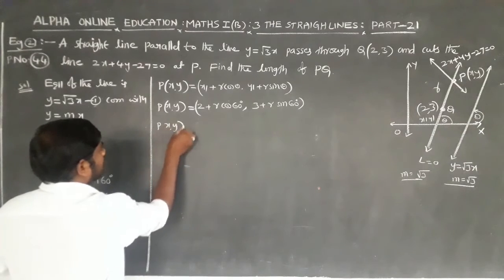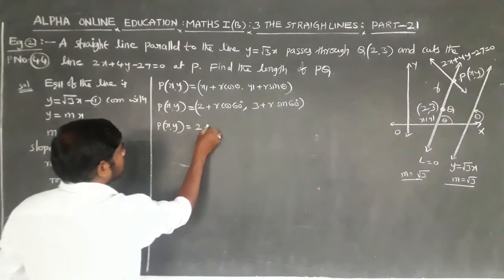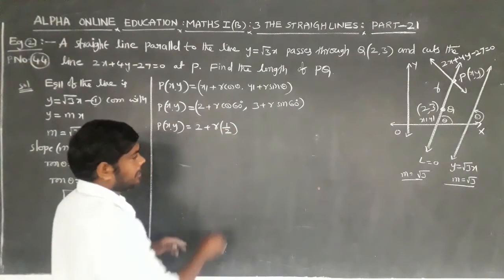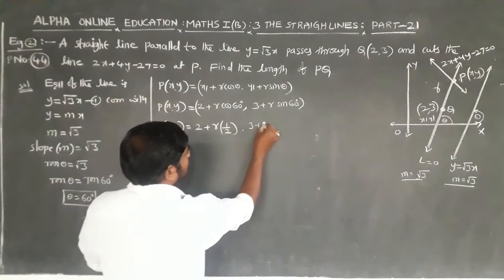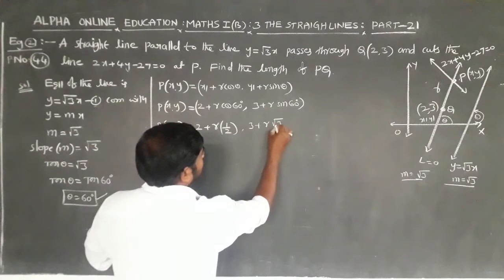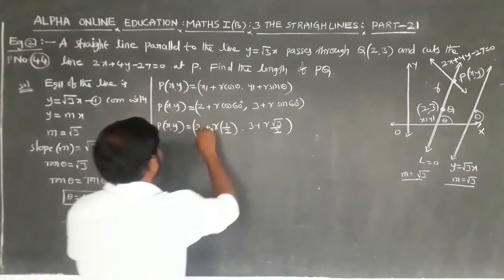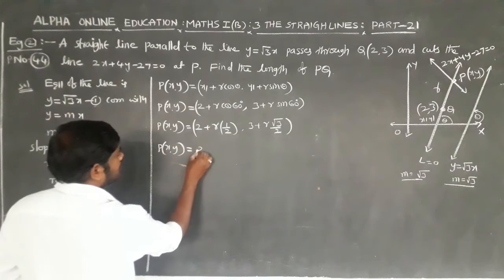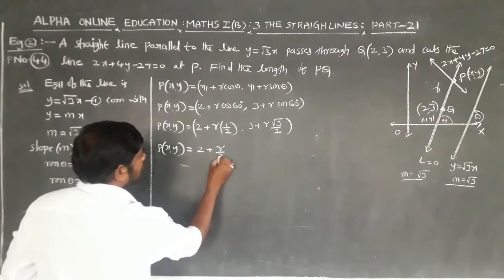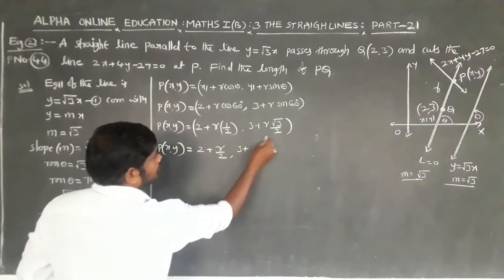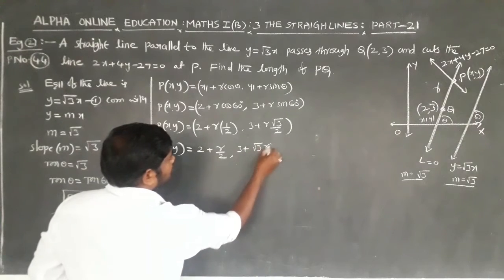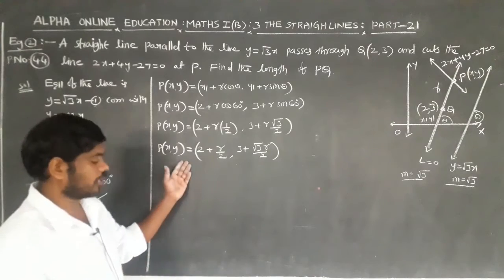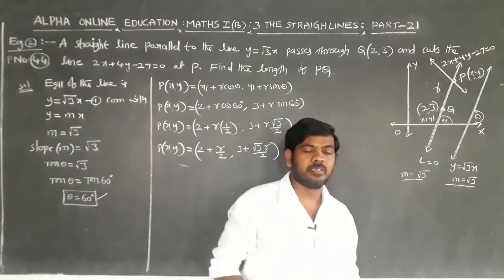P(x, y) is equal to 2 plus r cos 60 degrees, 1 by 2, comma 3 plus r sin 60 degrees, root 3 by 2. So P(x, y) is equal to (2 plus r by 2, 3 plus root 3 r by 2). This is the coordinates of P(x, y).